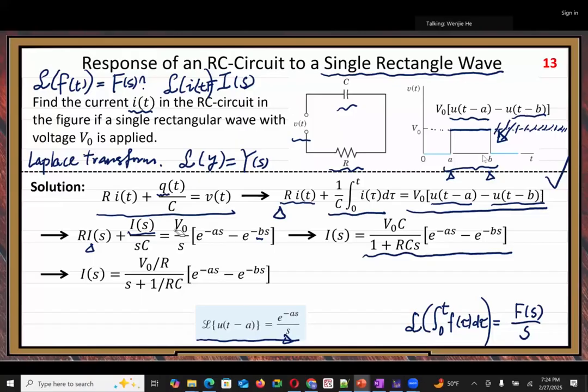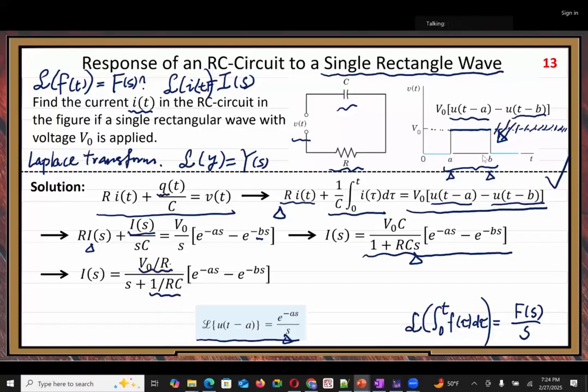For both numerator and denominator, you divide by RC, because you want to make the coefficient of s become 1 after division: s plus a constant number, and the numerator is also a constant number.